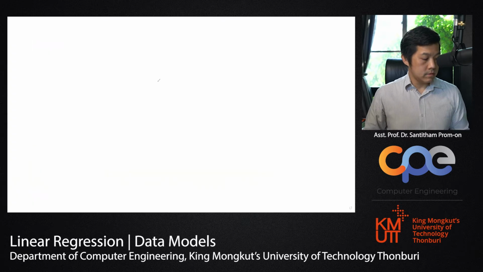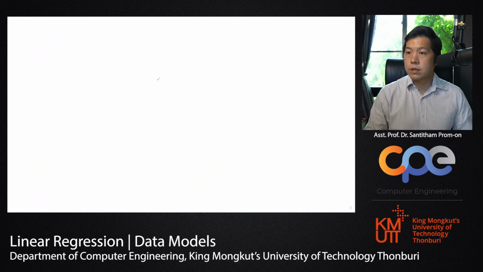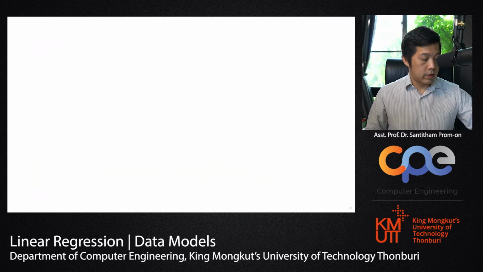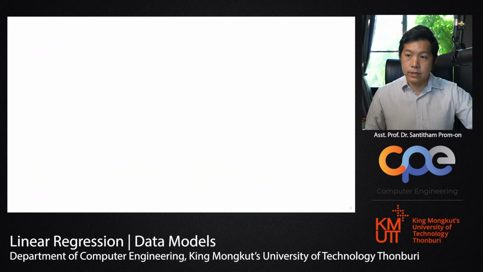Okay, now let me show you how this works. First, I will write the equation of correlation. This is R equal n sigma xi yi minus sigma xi sigma yi.